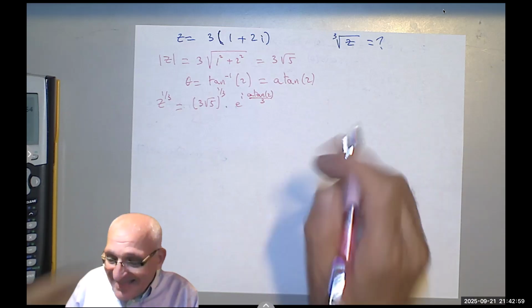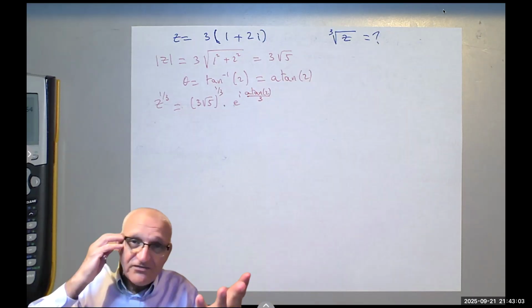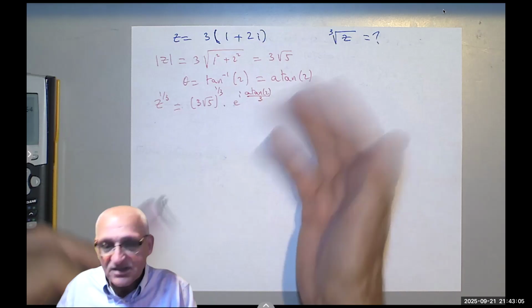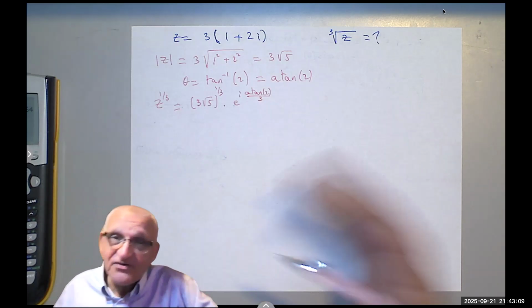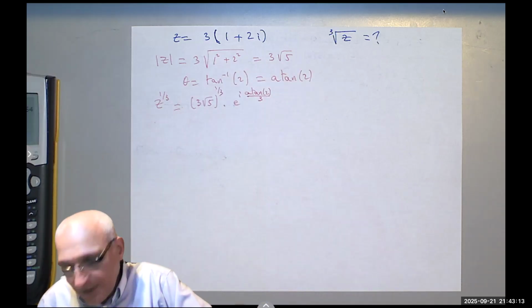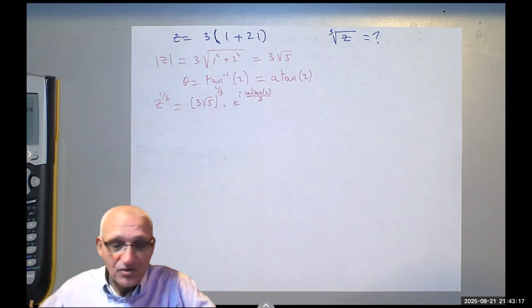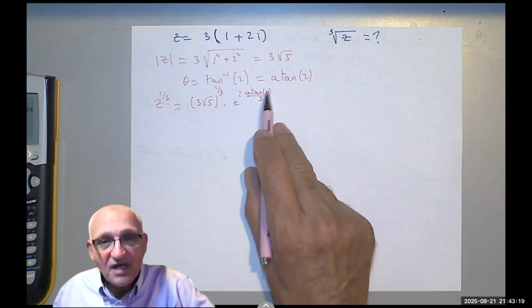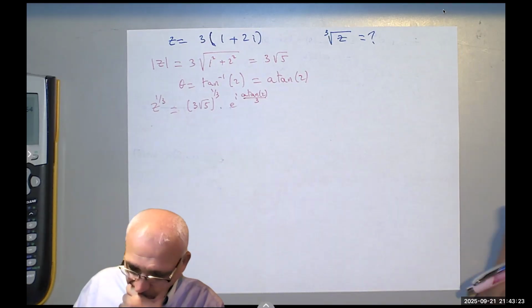We are dividing the angle that we don't know. It's more than 45, more than pi over 4, because arctan of 1 is pi over 4. And it's even more than pi over 3, because tan of pi over 3 is root 3, which is 1.732. So 2 is more than that. But we are going to divide it by 3.